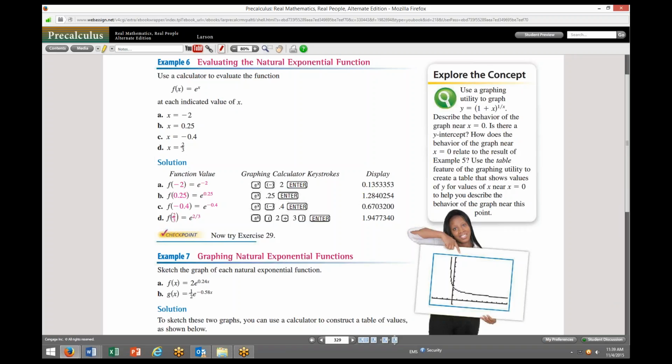On the right side, you have the operating keys, plus, minus, times, divided by, and it's just above the divided by key in the color, indicating that you must first press the second button and then press the divided key, and that will access the number E. So you hit second, divided by, and E pops up on the screen.